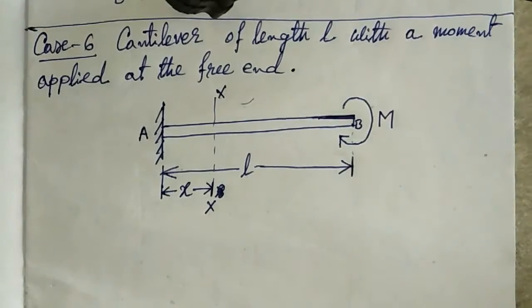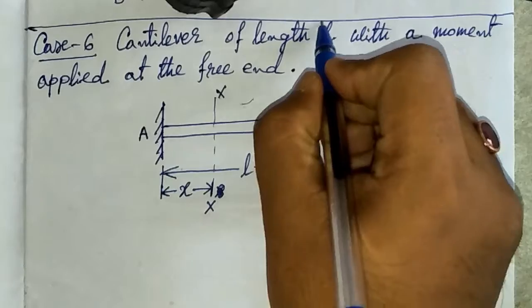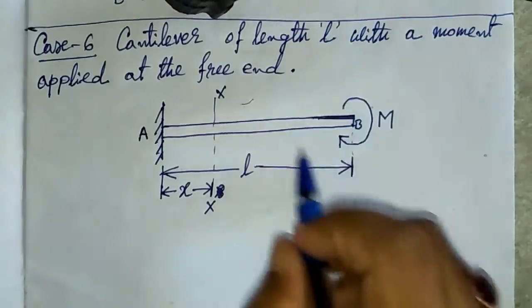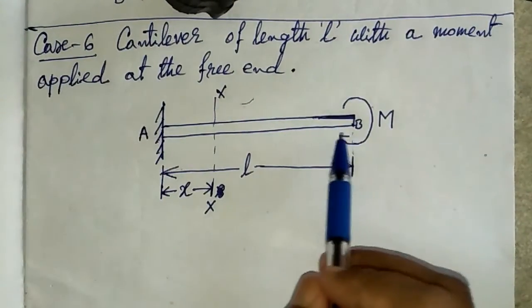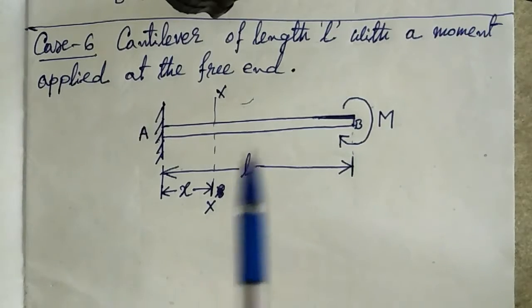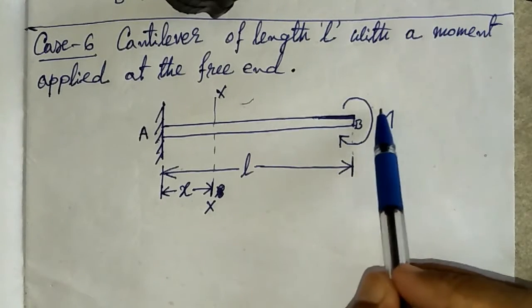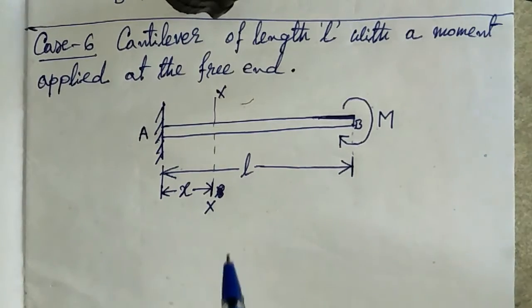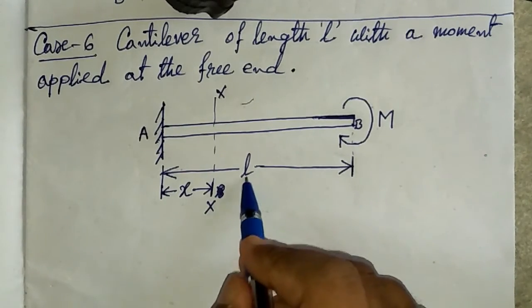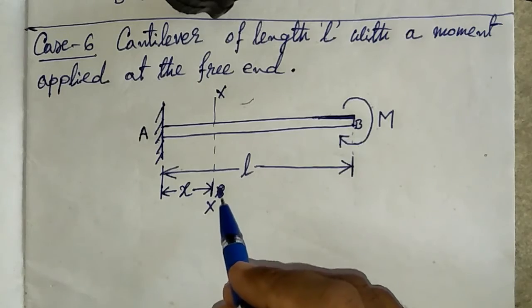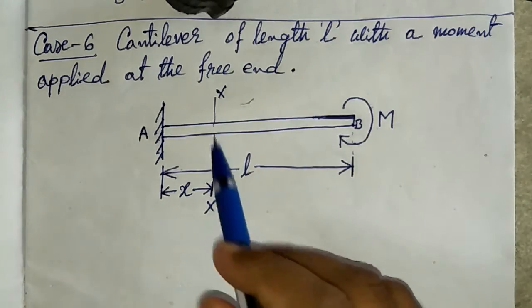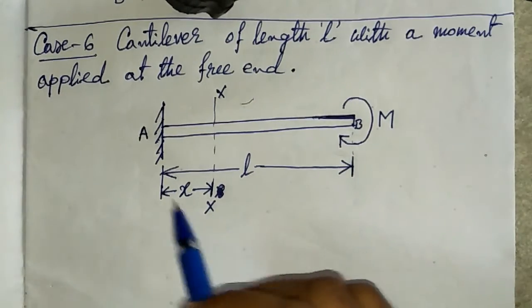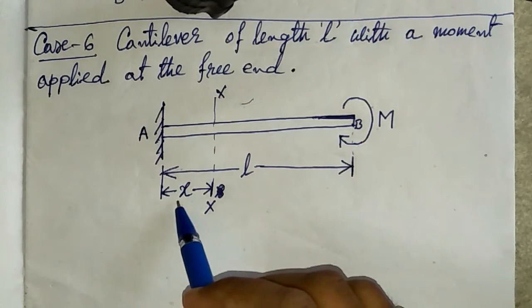In this case, a cantilever of length L with a moment applied at the free end. That means AB is the cantilever beam and M is the moment applied at the free end, and the length of the cantilever is L. We take a section XX from the fixed end at a distance x.